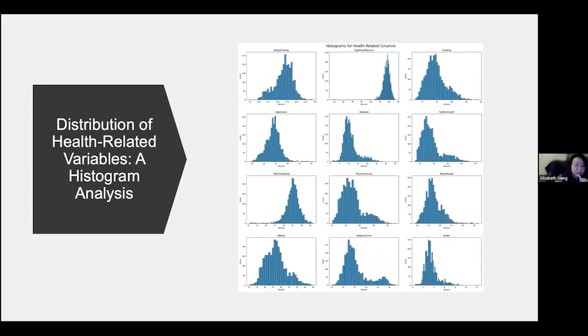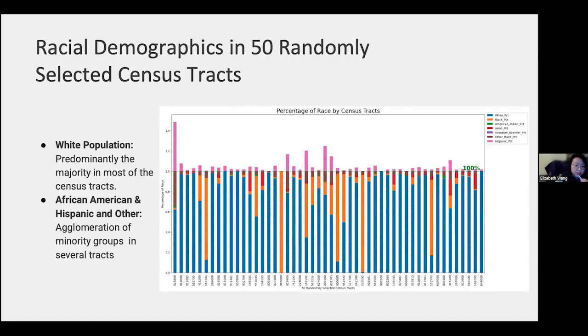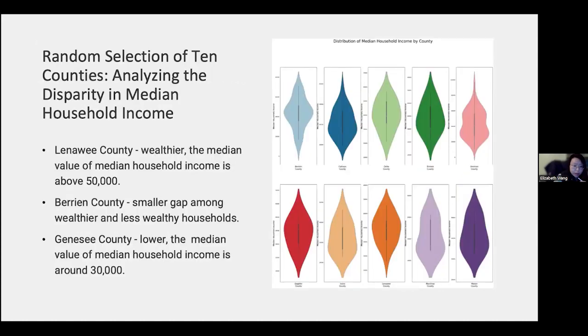In the next step, visualization was used to explore the data. First, histograms were used to depict the distribution of independent variables. These bar charts visualize the racial composition of 50 randomly selected census tracts. Then we aggregated the data and show the median income level of different counties, where we can observe income disparities.